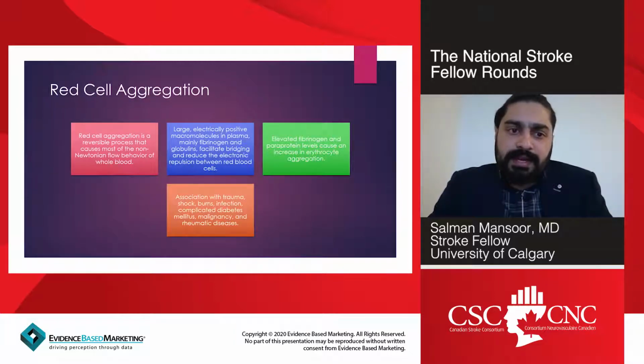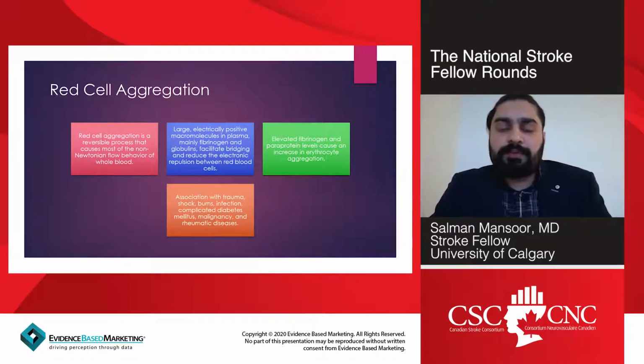So, red cell aggregation is a reversible process that causes the non-Newtonian flow behavior of whole blood. There are large electrically positive macromolecules in the plasma, mainly fibrinogen and globulins, which facilitate this bridging and reduce the electrostatic repulsion between the red blood cells. Fibrinogen is the main contributor among the different plasma proteins to this property of the blood.